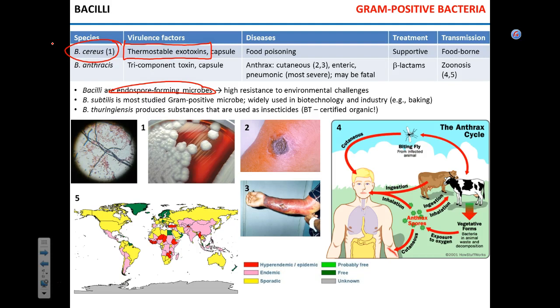Poison. Great. Brilliant. It's poison. Bacteria produce poisons. Okay? Bacterial toxins, just another poison. What is thermostable? Doesn't denature with heat. Yeah, if you keep it warm, it's not going to denature. It's going to still be a toxin.